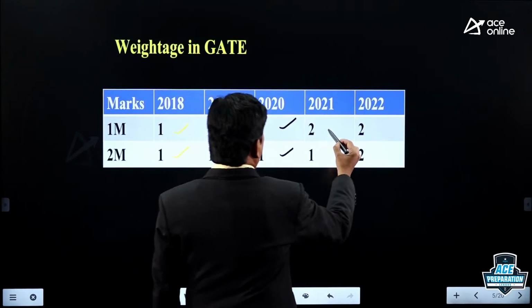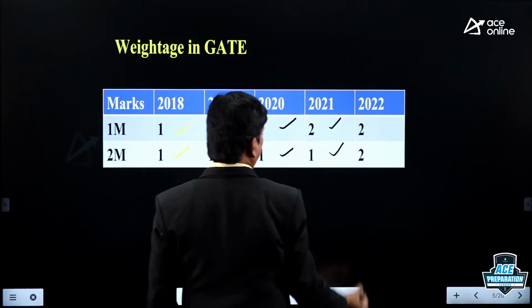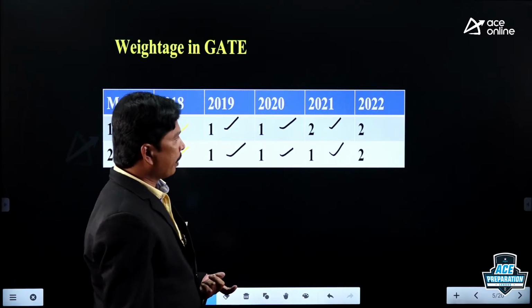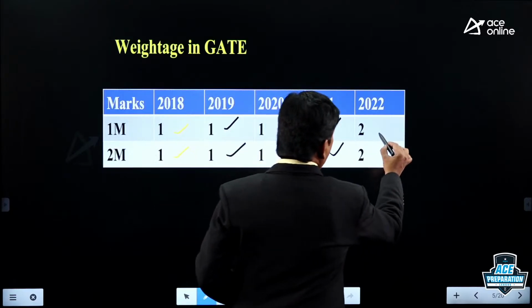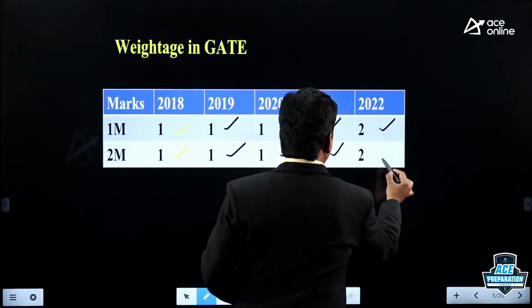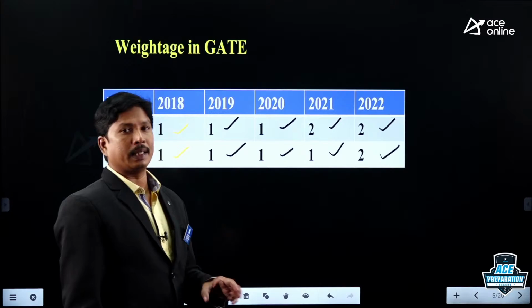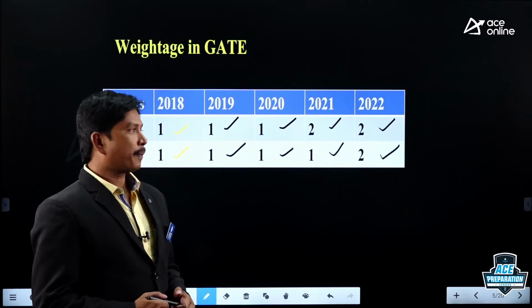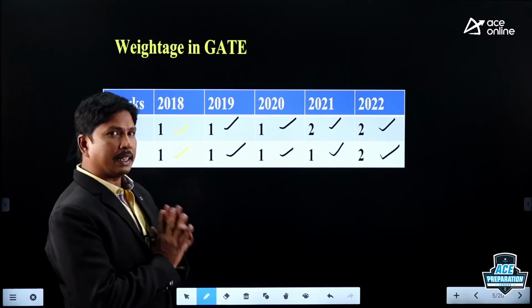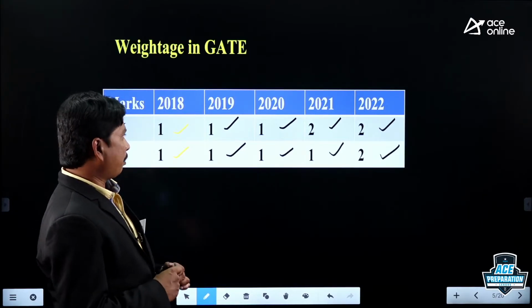In 2021 we got two 1 mark questions, so 4 marks there. And coming to 2022, we got two 1 mark and two 2 mark questions, approximately 6 marks. Clear students? That is the weightage of transmission and distribution in the GATE examination.